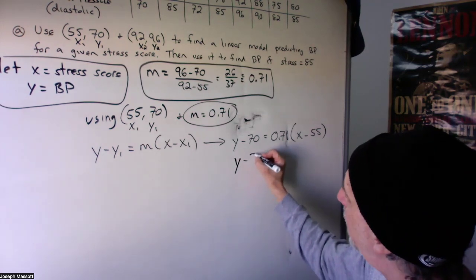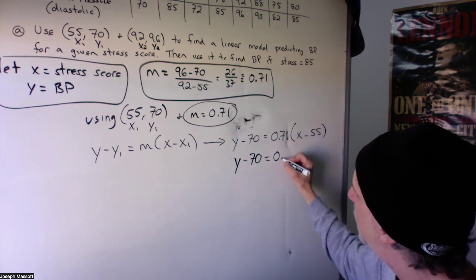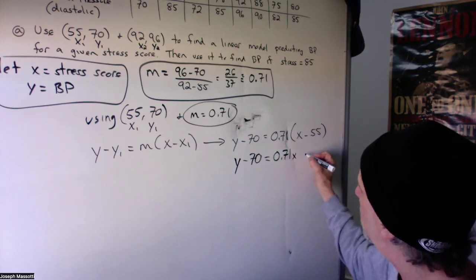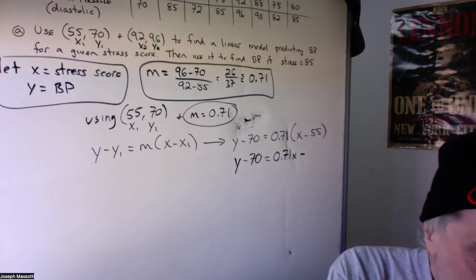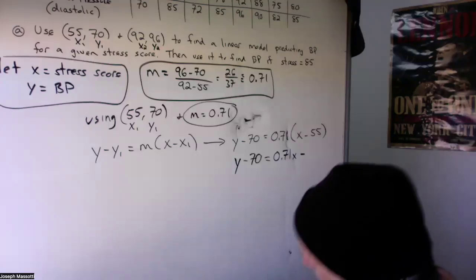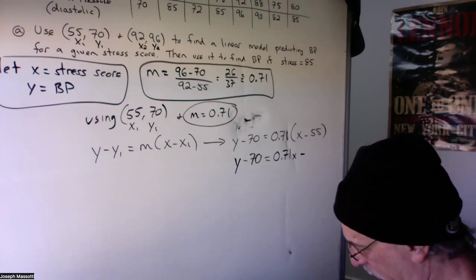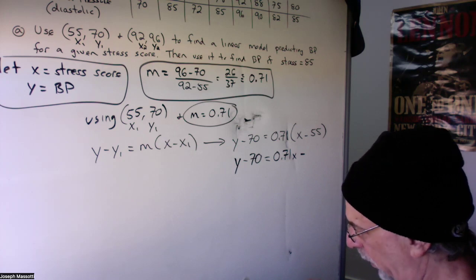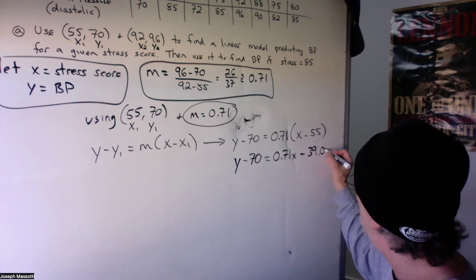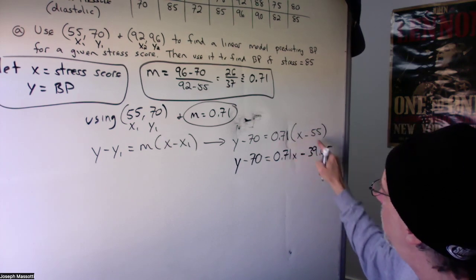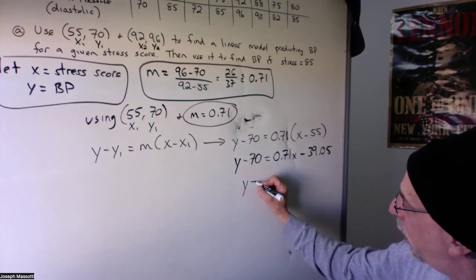So y minus 70, I'm going to say 0.71 times x, 0.71 times x. And if I calculate this number here, 55 times 0.71, I'm going to get something close to 39.05. And it's going to be negative, right? Positive times a negative.